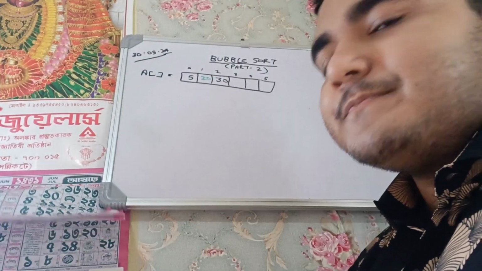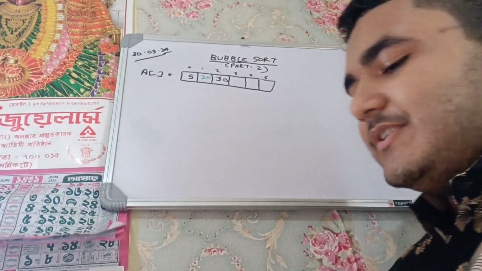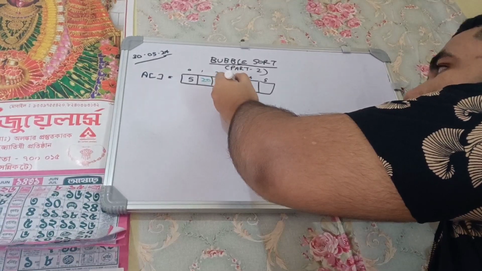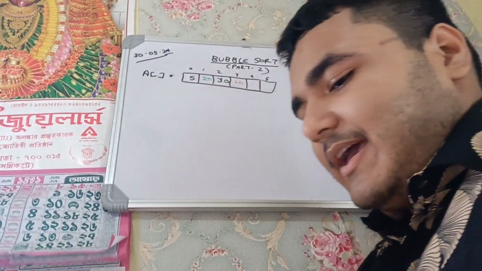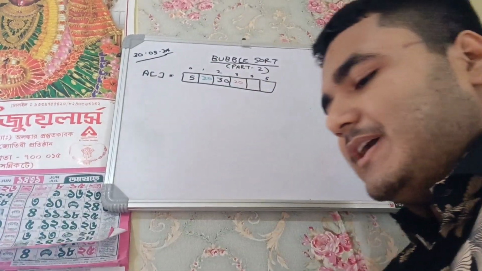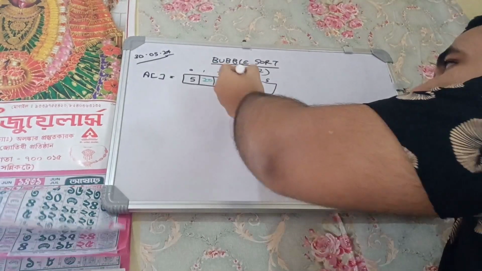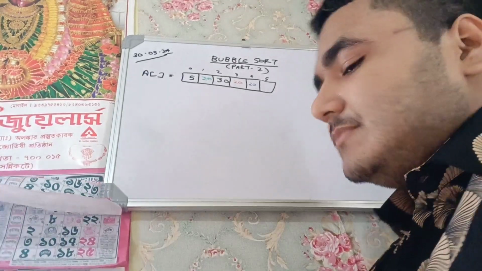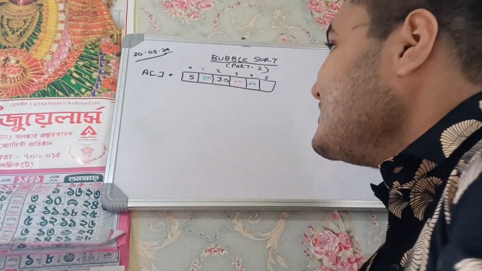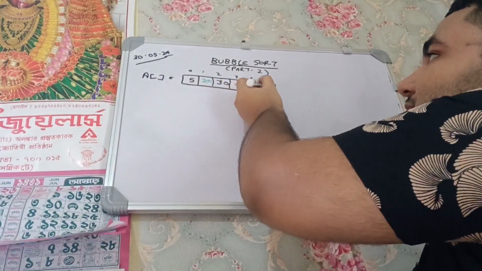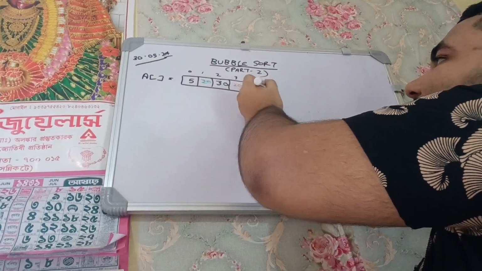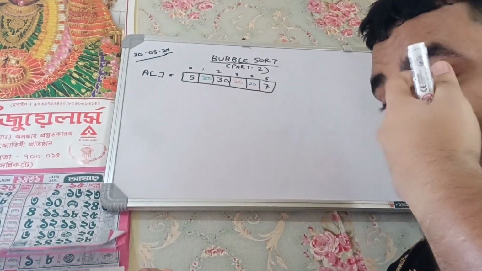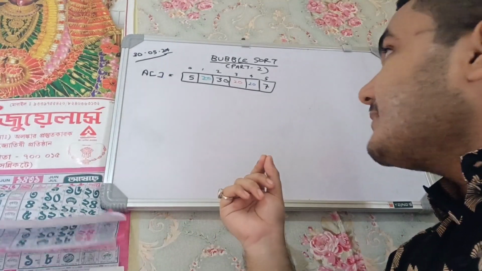Then next we have another 20 in red color, and next we have another 20 in blue color. And at last we have another element, say 7. Fine.